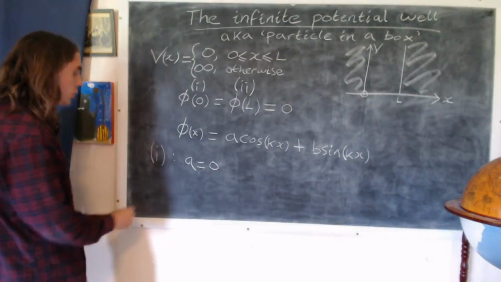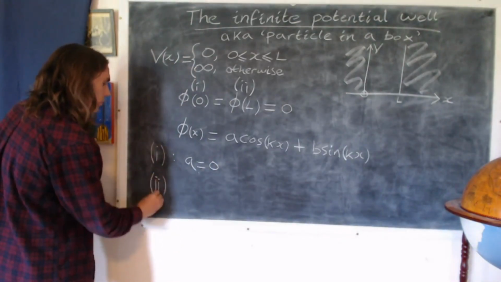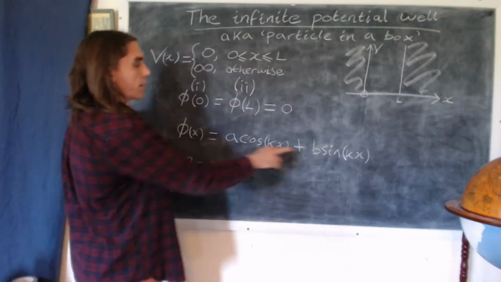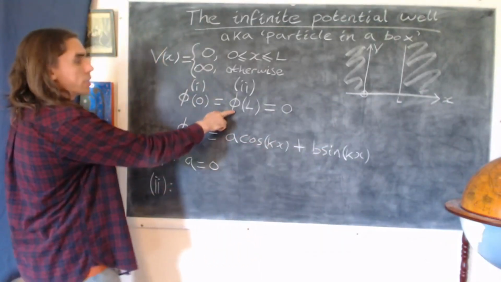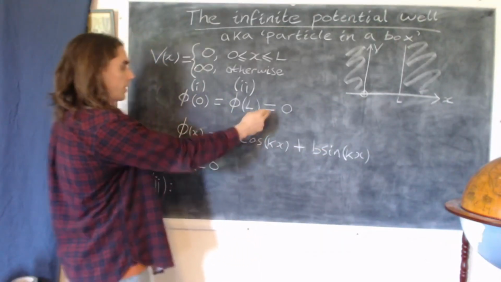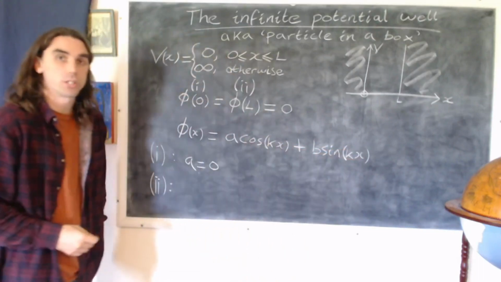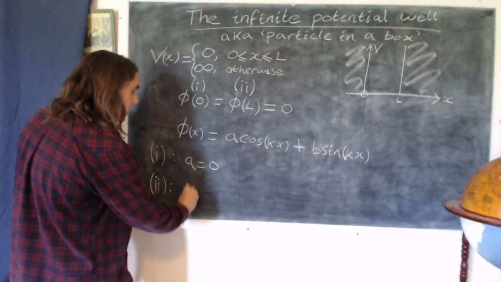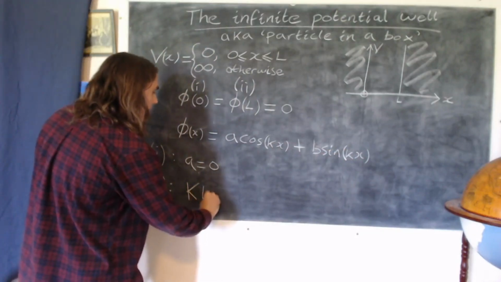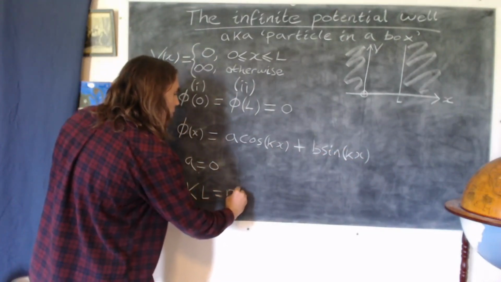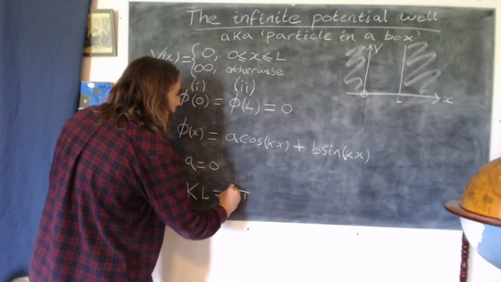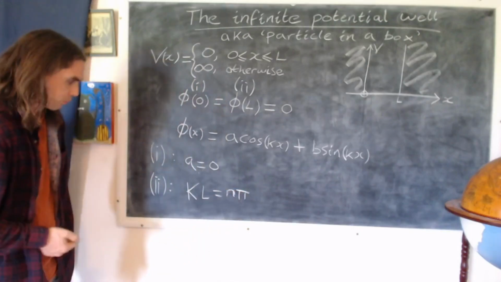And using condition 2, we only have b sine kx left. We stick x equals L into it, find that it must equal 0, and so we need sine of kL equals 0, and so we find that kL equals n pi, where n is any integer.